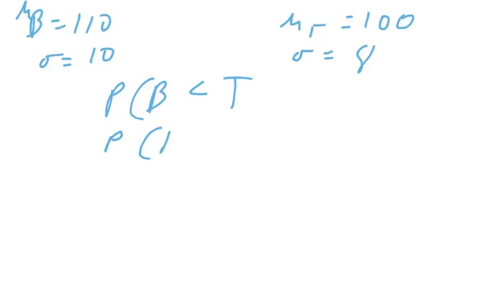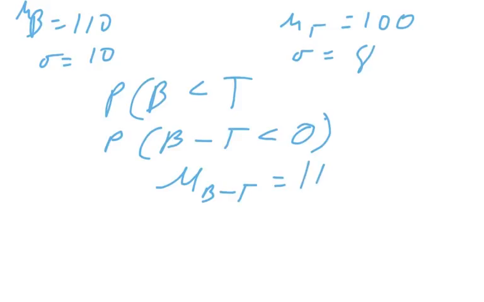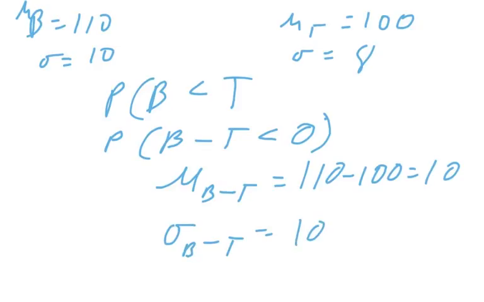I'm going to rewrite this as Bob minus Tom is less than 0. So the expected value of Bob minus Tom is 110 minus 100, which is 10. And the standard deviation of Bob minus Tom is the square root of 10 squared plus 8 squared, which is 12.8.